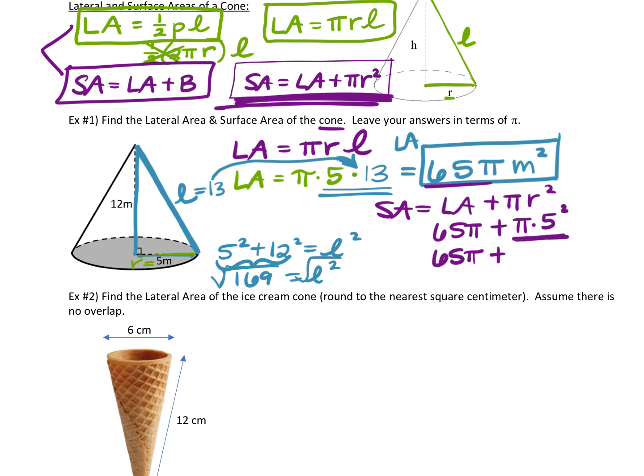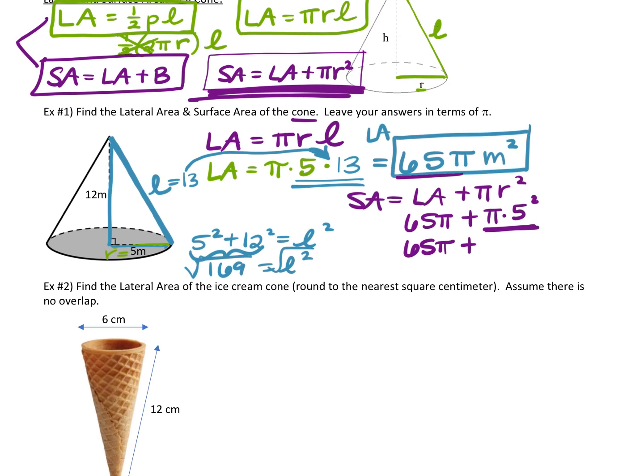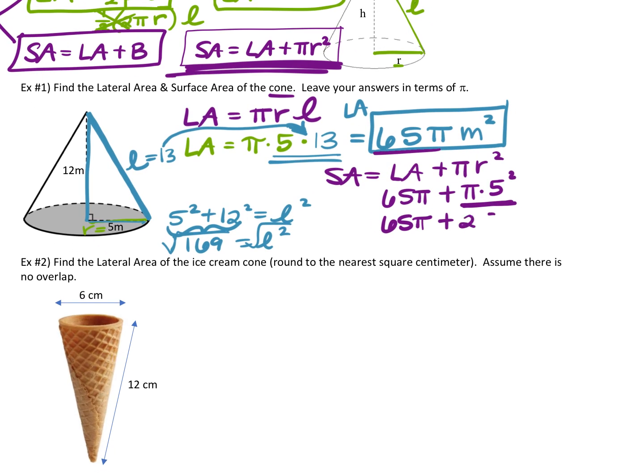What does this equal in terms of pi? 25 pi. Okay, so you go 65 pi plus 25 pi, and you get a surface area of 90 pi, don't forget about the pi, meters squared.